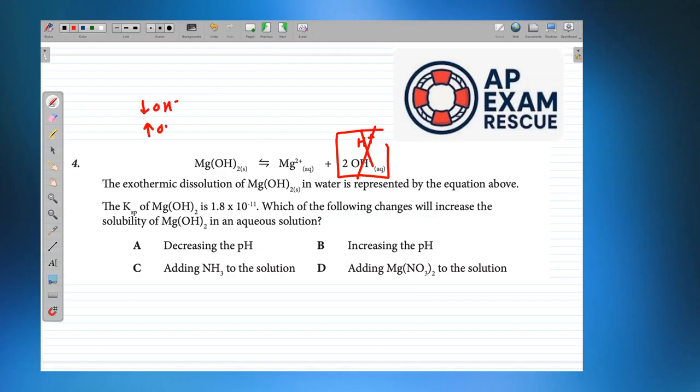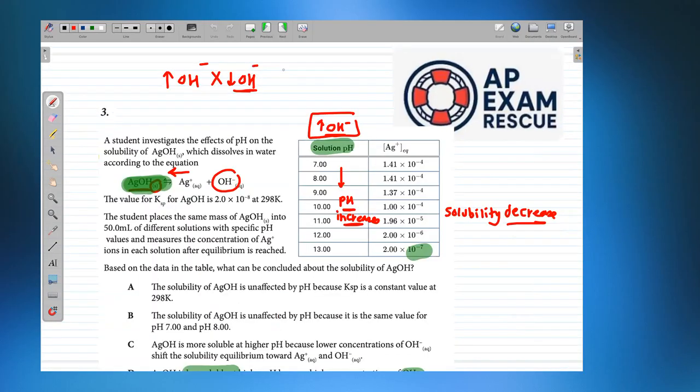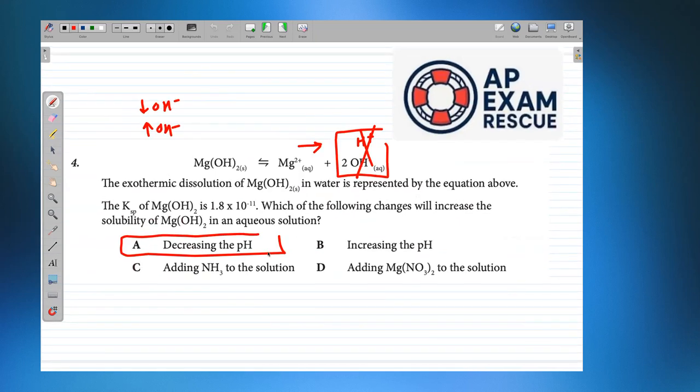I will increase it for you. So it moves to the right and increases the solubility. Perfect answer. This is exactly again what we said here. H plus reacts with OH minus, decreasing it, so the system tries to do the opposite and increases the solubility. That's a real perfect answer.